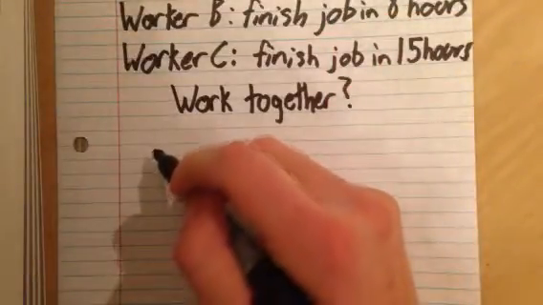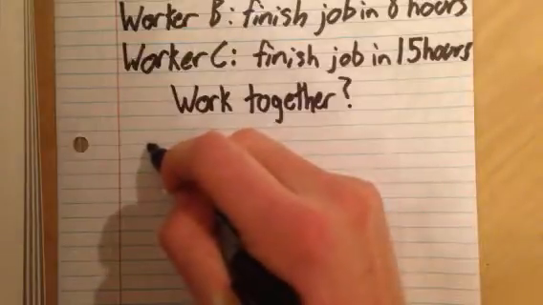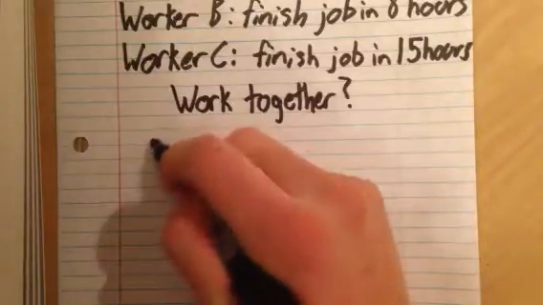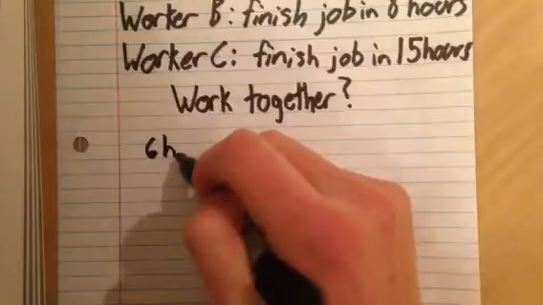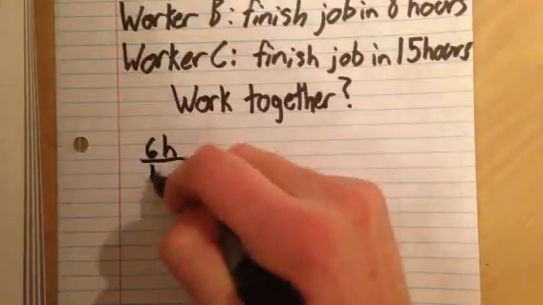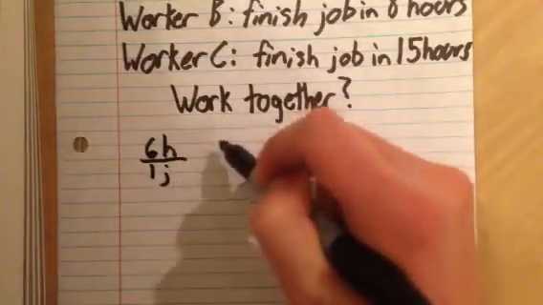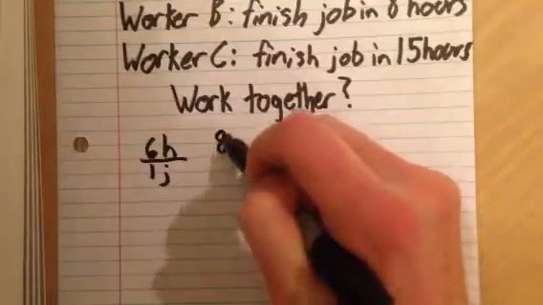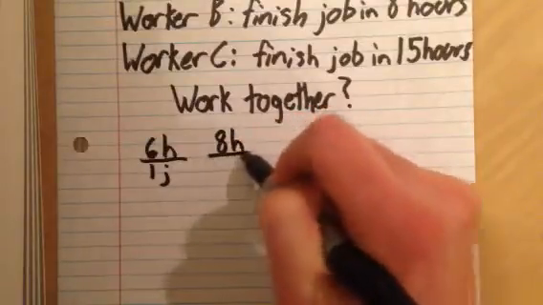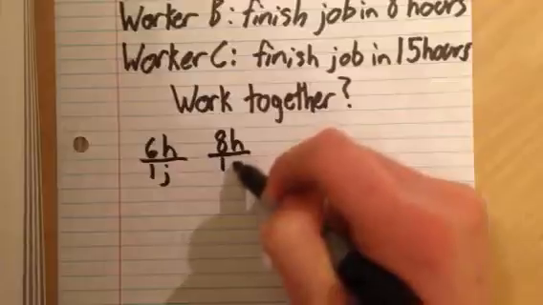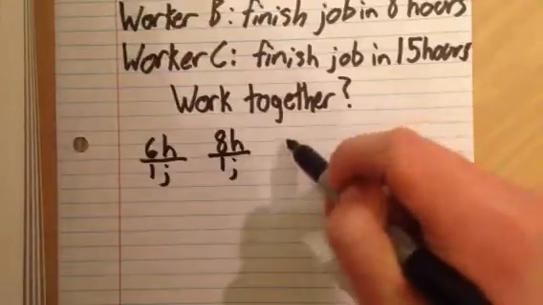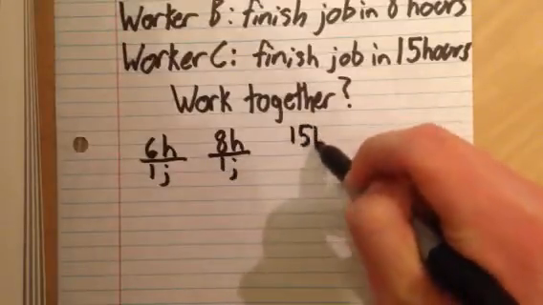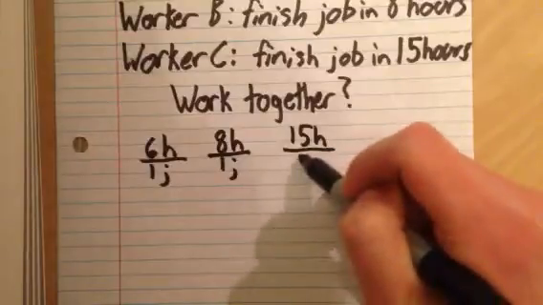So you can go 6 hours per one job. Worker B, 8 hours per one job. Worker C, 15 hours for one job.